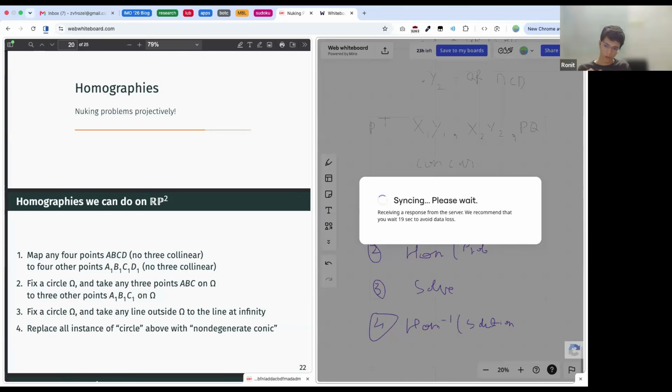When you said you're taking another homography, does that mean you're going to take every step of the solution and take a homography of that? Yeah, so the fourth thing you said was that you take another homography back, so you suddenly get a solution which works for the original problem.